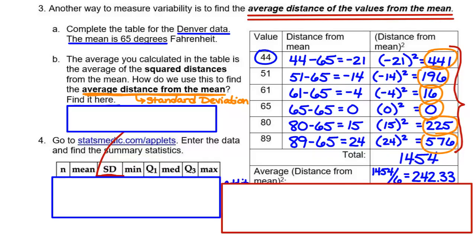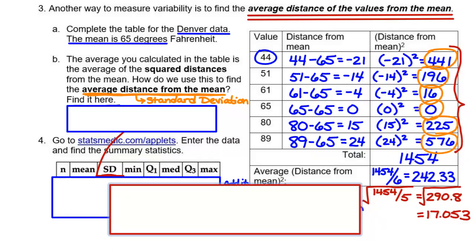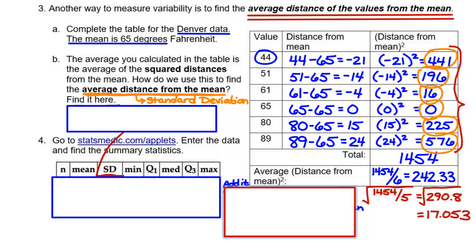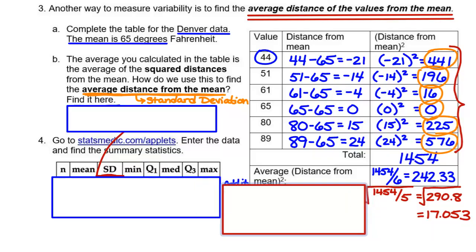That is close, but not quite there. That's the average of the distance from the mean squared. I don't want the distance from the mean squared, I just want the distance from the mean. So what would I still need to do to this number? Square root it. So please go ahead and square root that number.